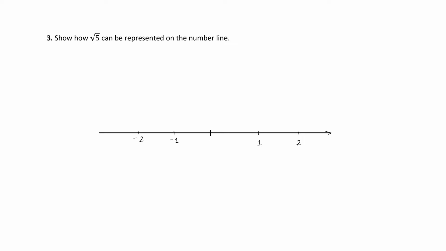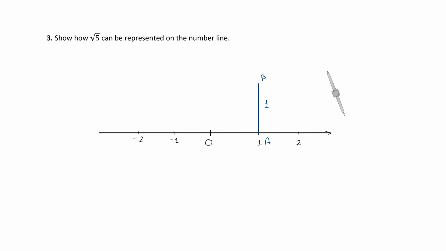So this is OA of unit length. Now draw a perpendicular to this number line from A of unit length, AB of unit length, that is perpendicular to it.